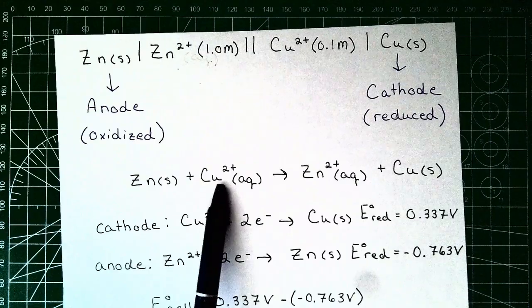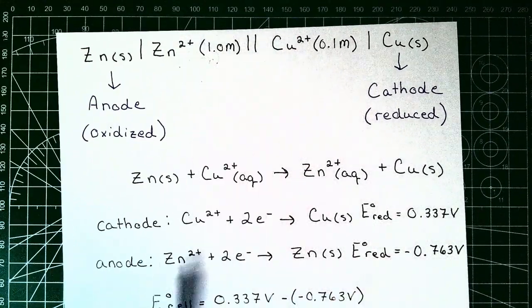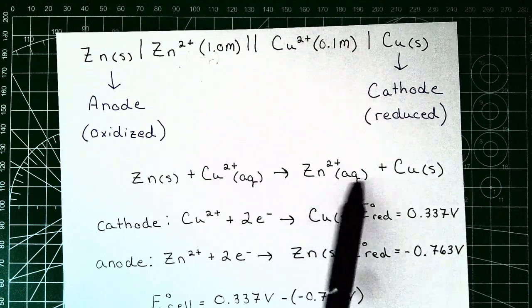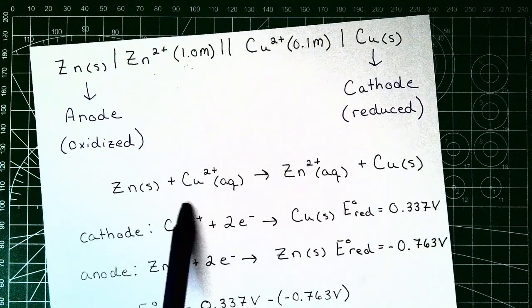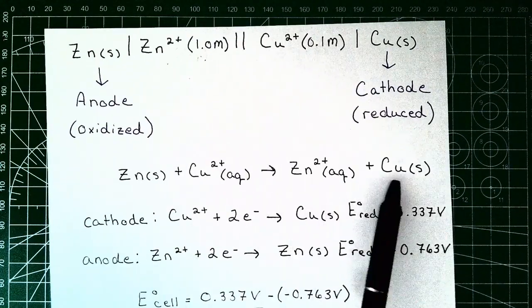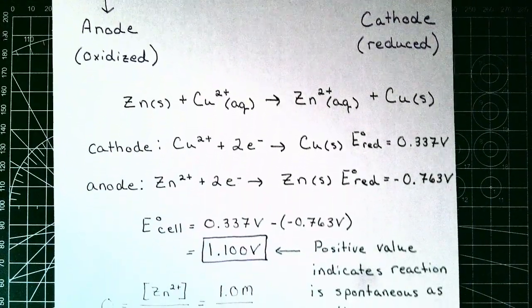It's going to mix with the cathode ion, and then it's going to produce aqueous anode material and the solid cathode. So in this case, we're dealing with zinc and copper.